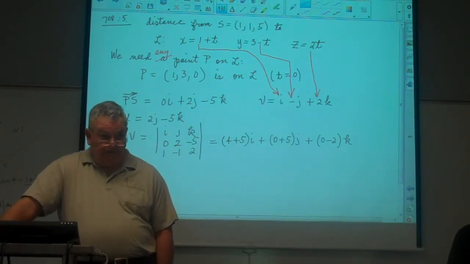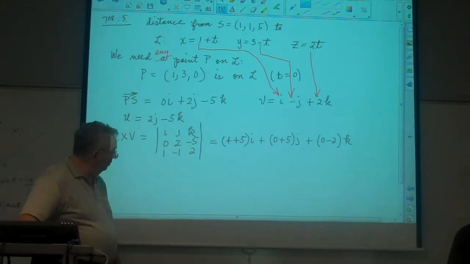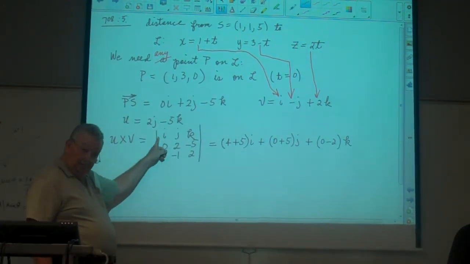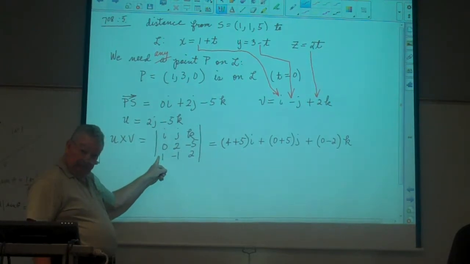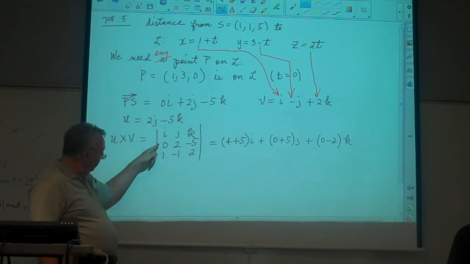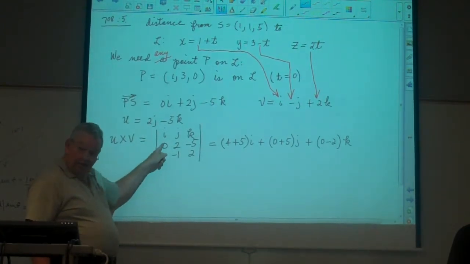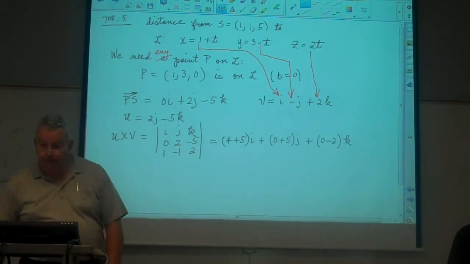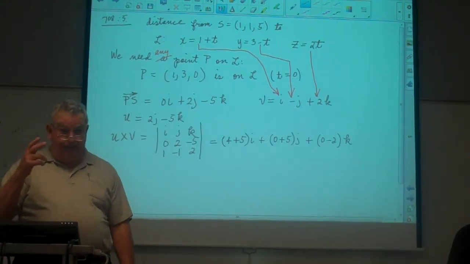Agreed? Could I save myself some work if I had expanded it along this column? I would have just had to do i and 1, wouldn't I? I could have skipped the middle step altogether. And you remember on Friday I did that, huh?